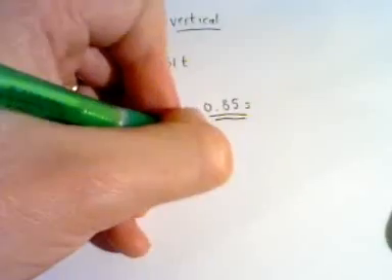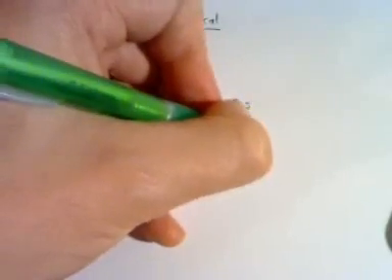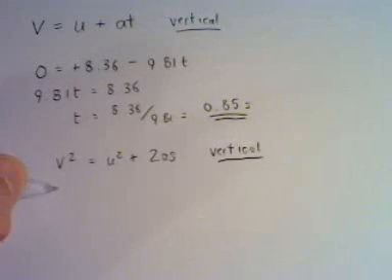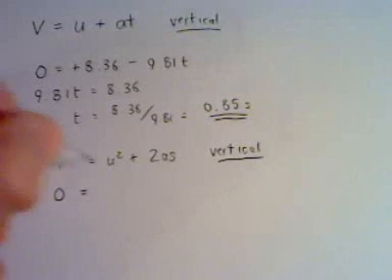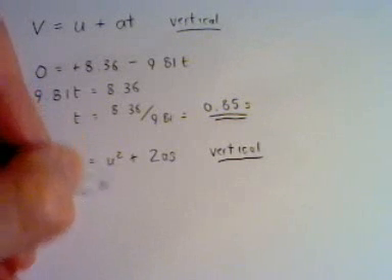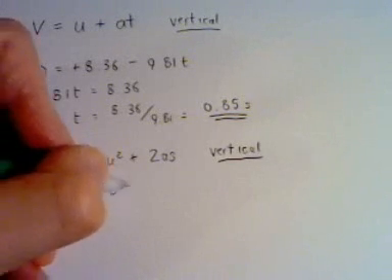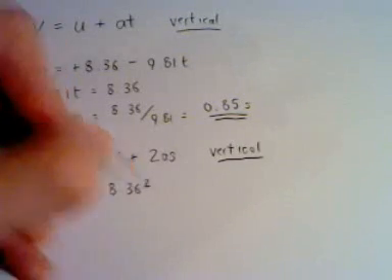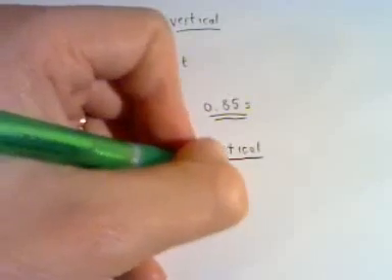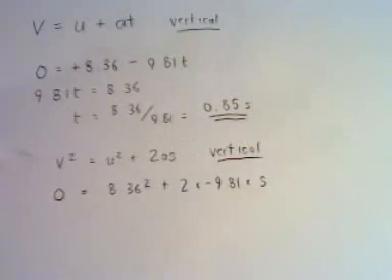We're only applying that to the vertical situation. v is 0 at the moment of maximum height. u is 8.36, remember, squared, plus 2 times minus 9.81 times s, which we're trying to calculate.